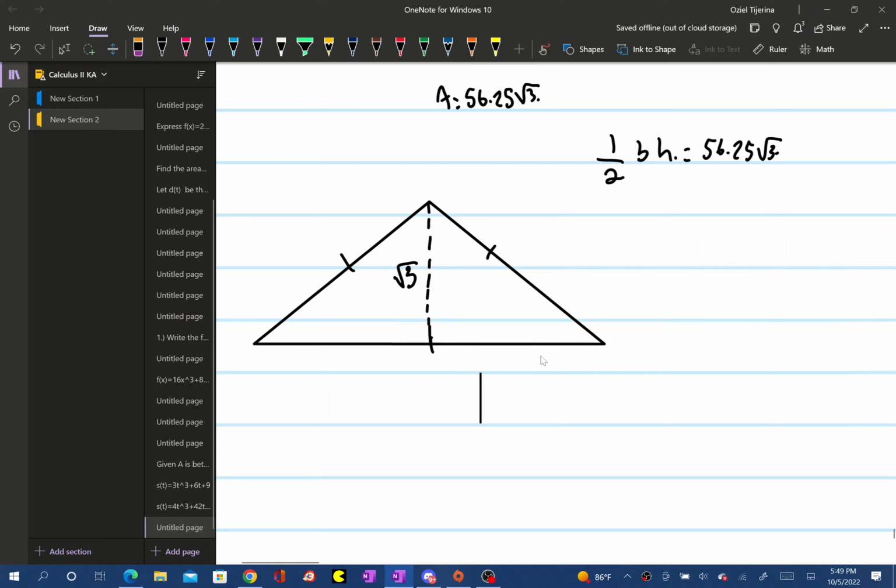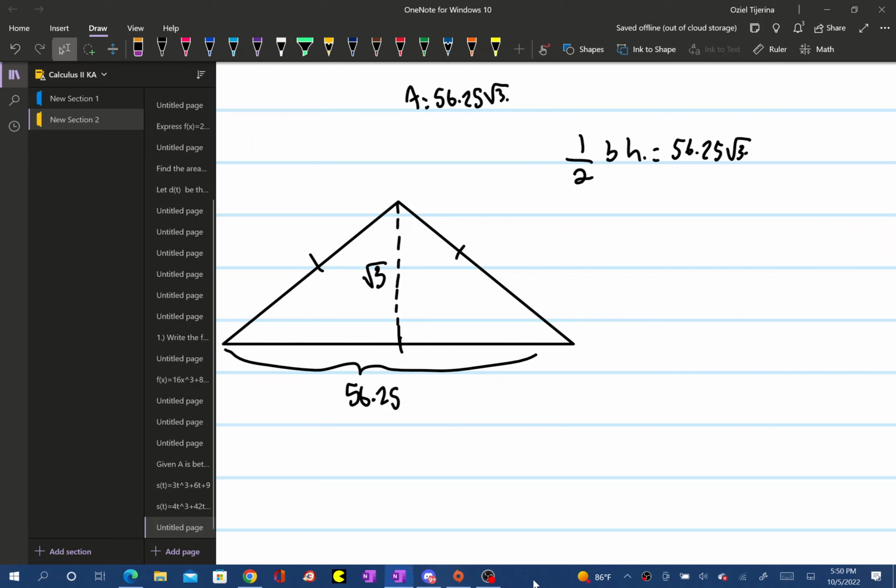So 112.5 can be my base. Or actually, no, I don't know if I said it wrong. 112.5 can be my base. Okay.